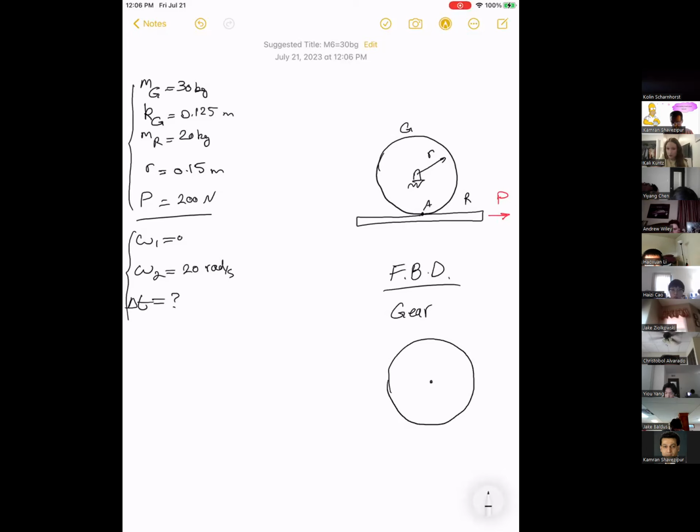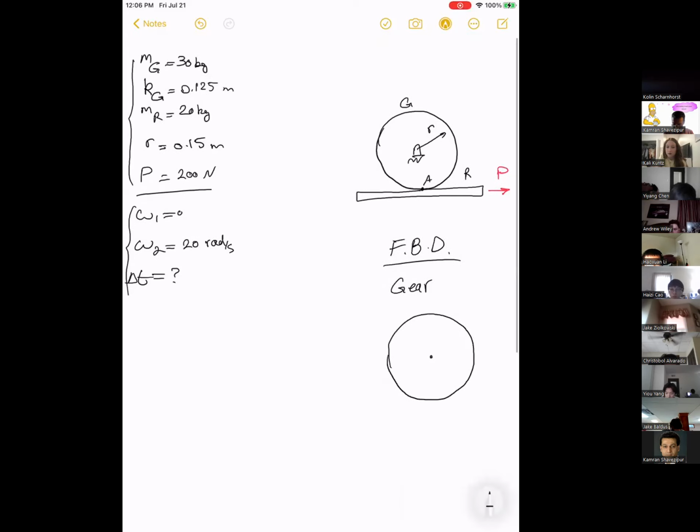Look at here for a second, please. When I have a gear, and if I make this part a little larger, you're going to have something like this, right? And for the gear part, you're going to have something like this, right?